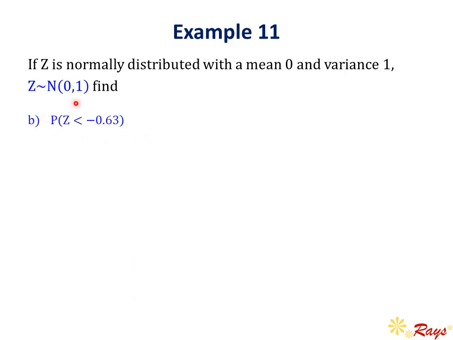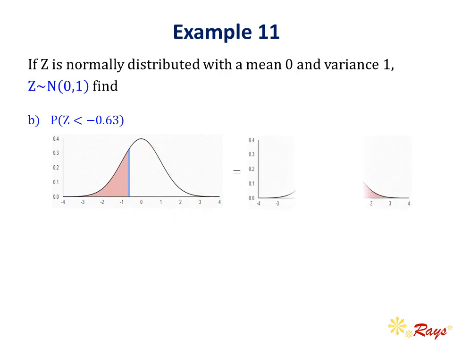B. Find the probability of Z lesser than negative 0.63. Observe that the area for Z lesser than negative 0.63 is at the left hand tail. Remember that the standard normal table only gives us the probability if the area is at the right hand tail. So we can convert this into the right hand tail.